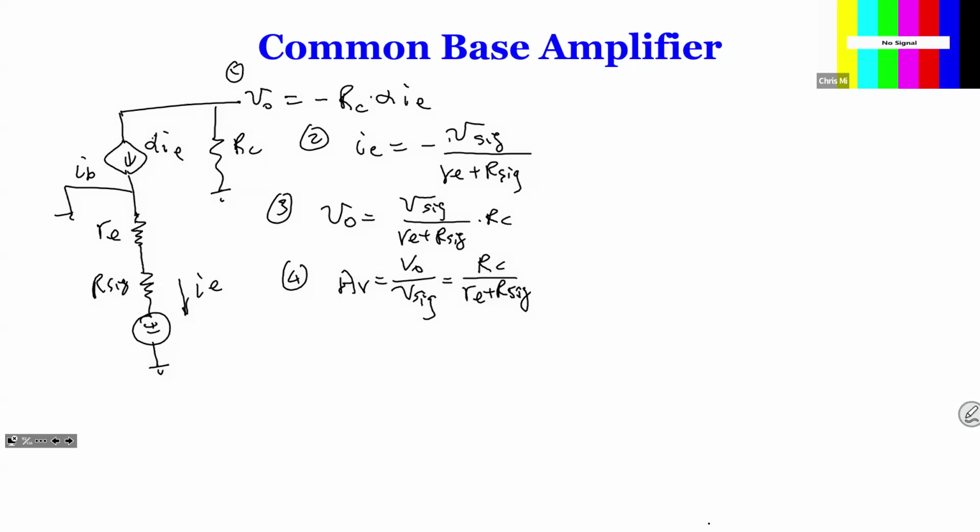Now we need just one more thing, which is to find out what RE actually is, because RE is equal to alpha over GM, right? RE is equal to alpha over GM, and sometimes it is simply approximated as 1 over GM. This is a slight difference from the MOSFET. For the MOSFET, RS is absolutely equal to 1 over GM, but in this case, it is alpha over GM, a slight difference, like 99%.